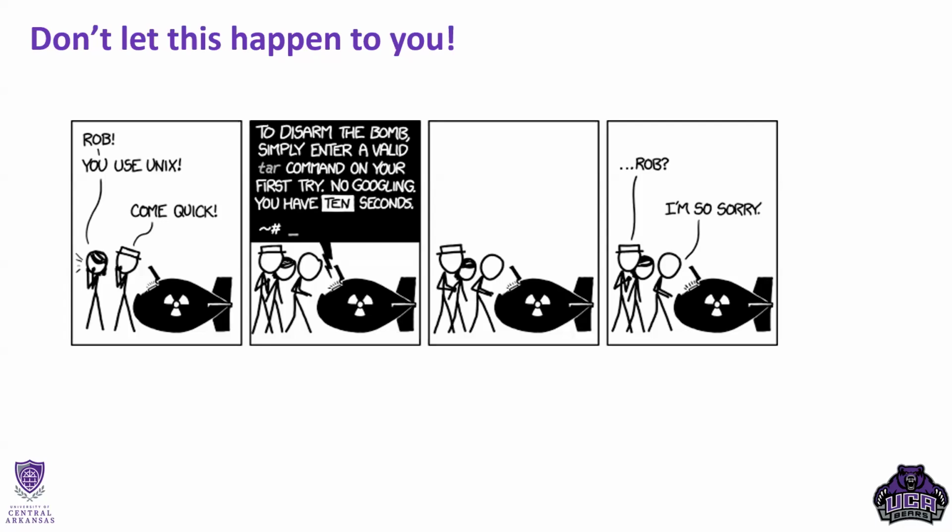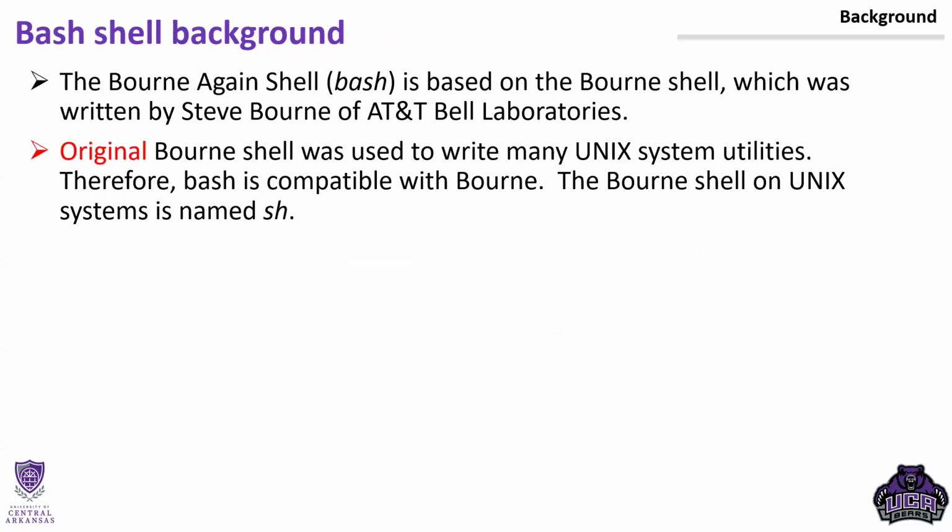And then, I'm sorry, guys. So apparently Rob couldn't remember his tar command. So the moral of the story is don't be Rob. Make sure you actually know your tar commands. They'll definitely be on your exam. Now, why in the world you would disarm a nuclear bomb with a tar command, I have no idea, but you know, moving on.